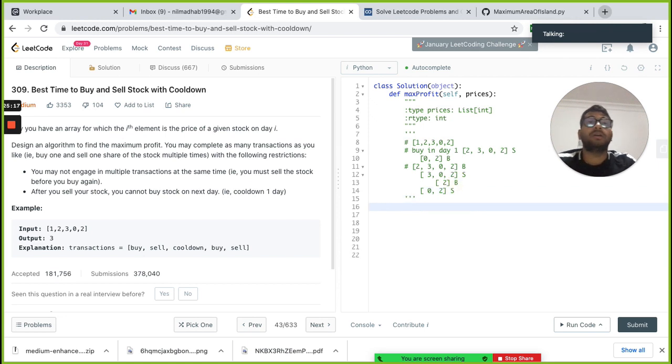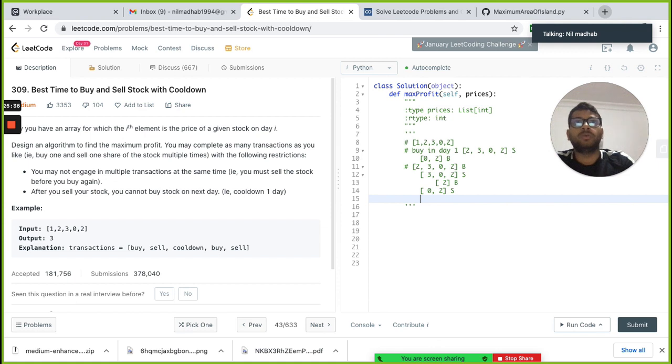Okay. But here you see we are solving the same subproblem again and again. Like 0 2 to buy can also be present in another case, so we can think of DP. Yes, DP.